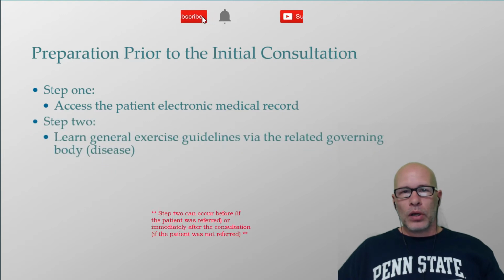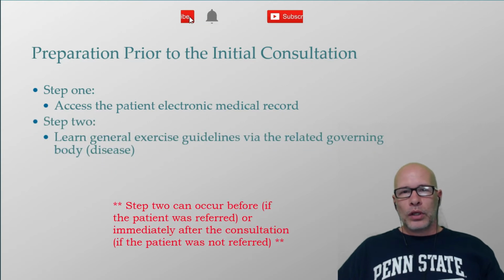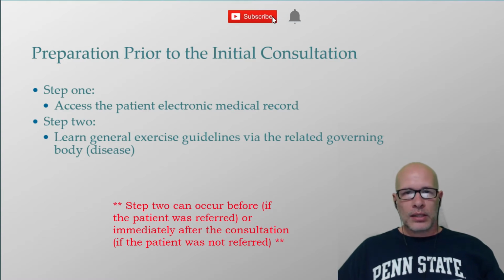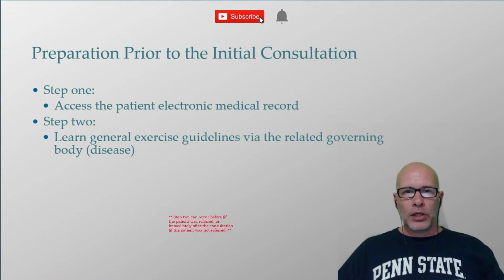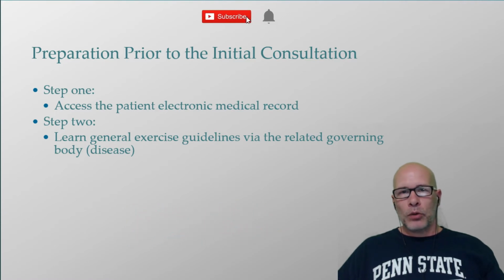Step 2 on the disease side really only applied the first time or the first couple times that I was seeing a condition, such as, just for example, pulmonary hypertension, COPD, maybe multiple sclerosis, things like that.